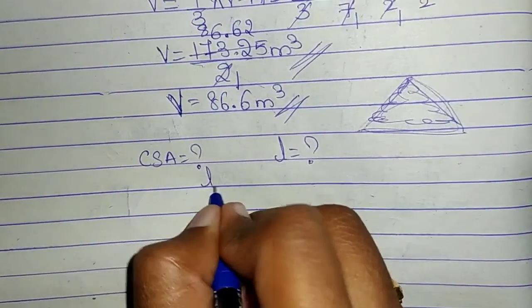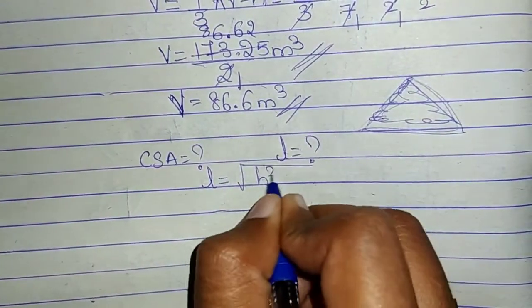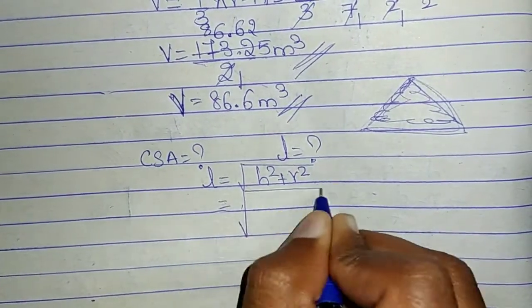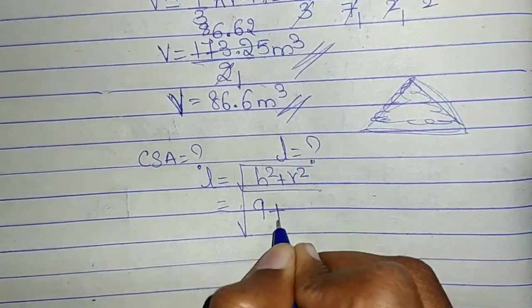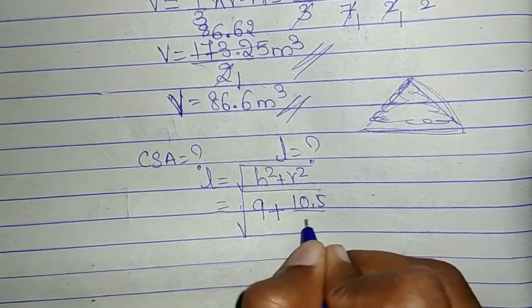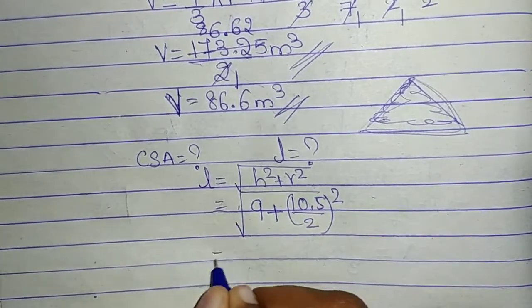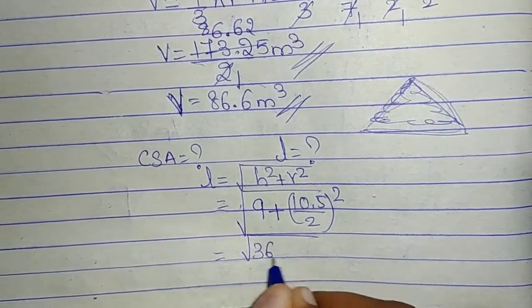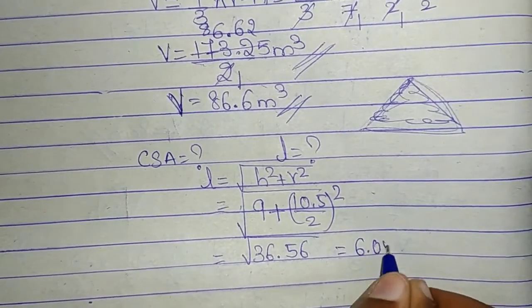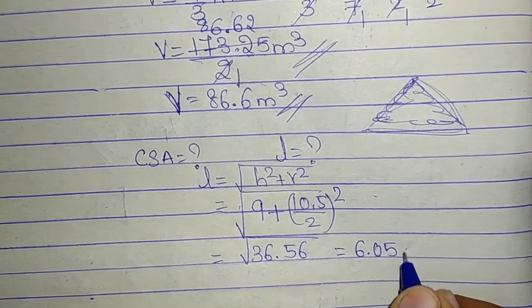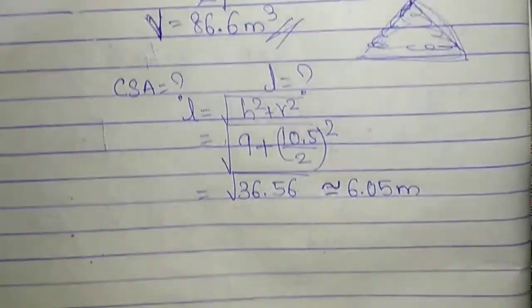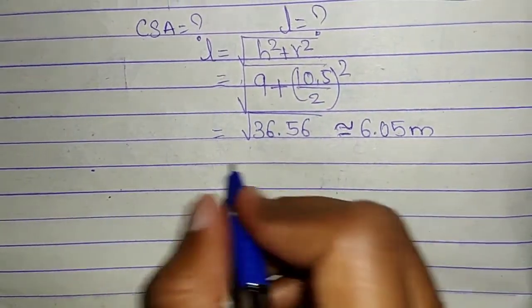We know that L is equal to under root H square plus R square. So this is equal to under root 3 square is 9 plus R square is 10.5 by 2 whole square. So this is equal to under root 36.56, which is nearly equal to 6.05 meters. So that is the slant height of the cone.